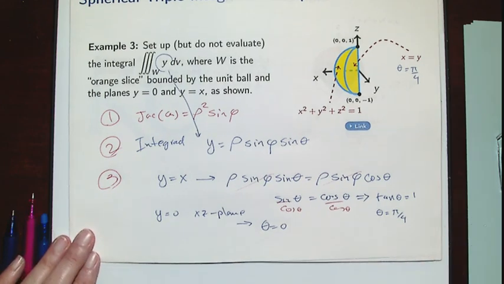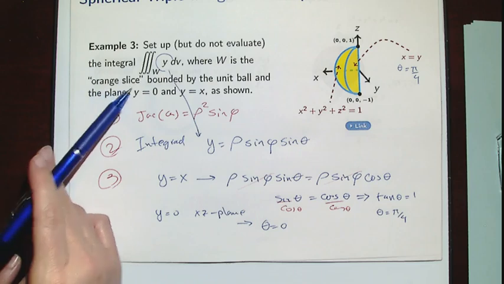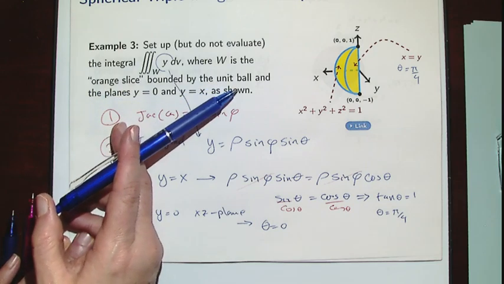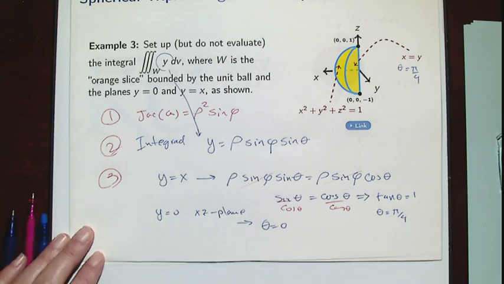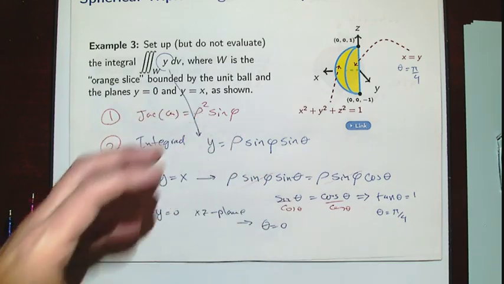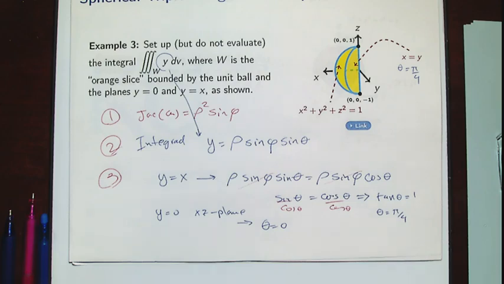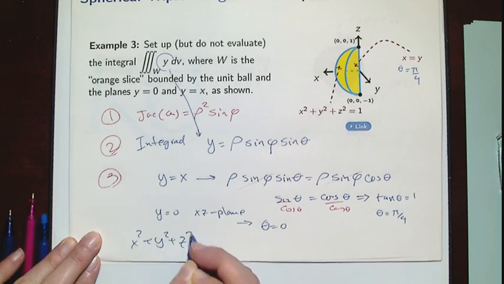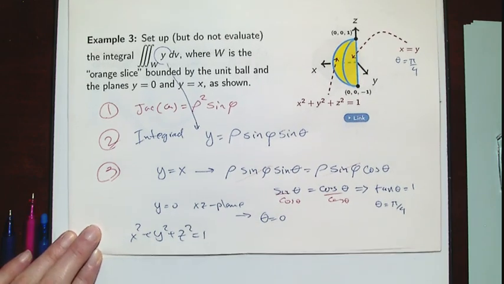So there's one other thing that I need. What's the other thing that I need? It's an orange slice, so a sliced unit ball. I forgot to bring my orange. You have an orange, you cut a slice out of it. And that's a unit ball. What does unit ball mean in terms of the bounds?